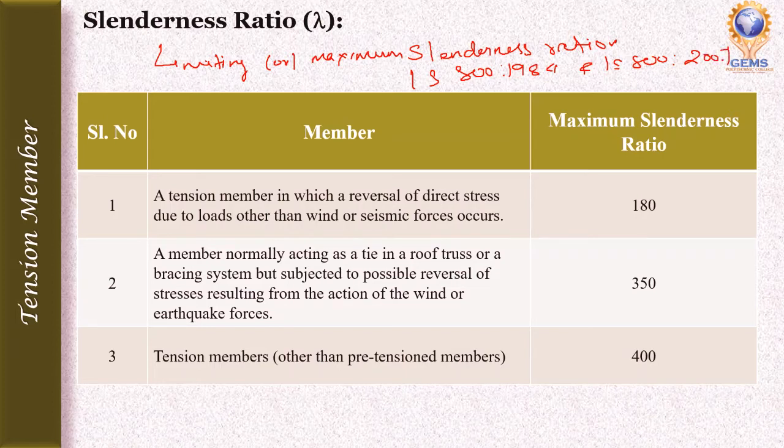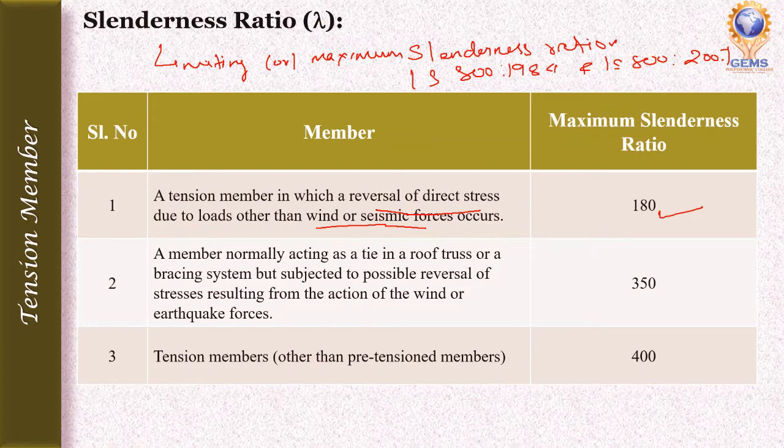So it should not go above these values. When a tension member is subjected to loads or reversal of direct stress due to loads other than wind or seismic forces, then the maximum slenderness ratio is 180.